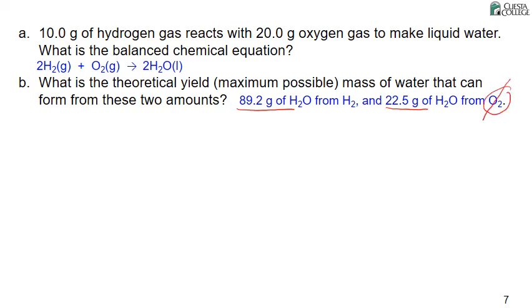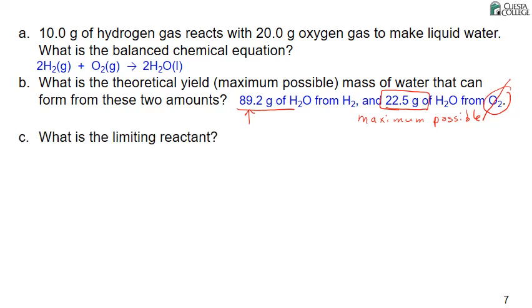We can't make any more water. That means that this mass, the 22.5 grams, is the maximum possible mass of water. It's kind of weird. It's the lower number, but it's the biggest one possible. The reaction couldn't produce the 89 grams of water because there's no more oxygen present. It's done.